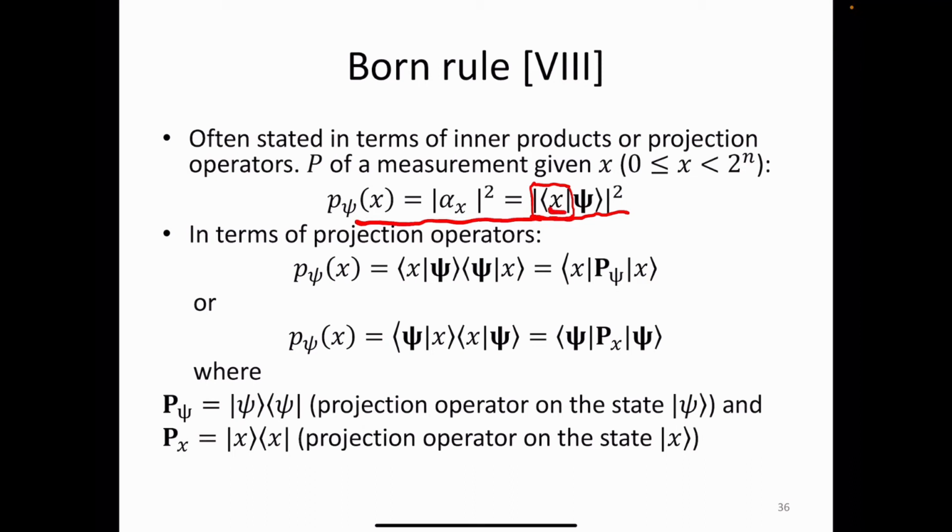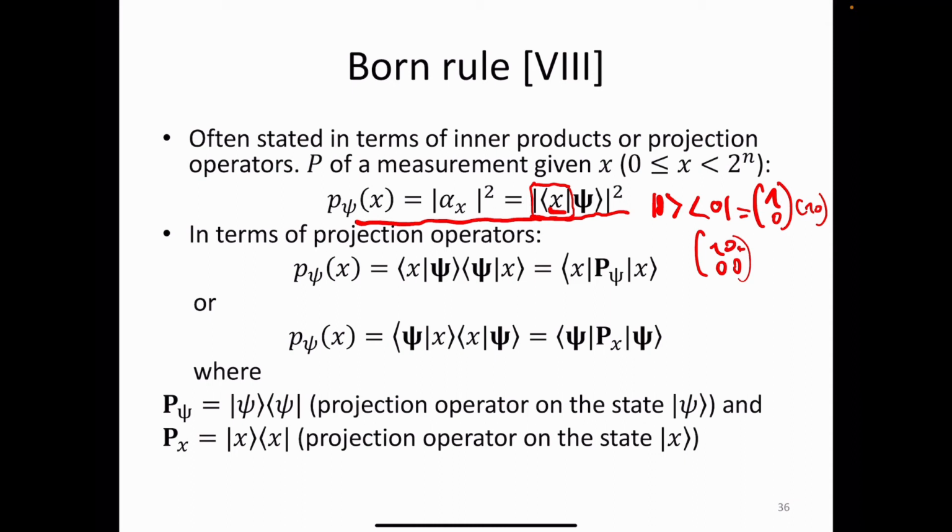In terms of projection operators, we can do the very same. You remember the projection operator. If we write that down again for the state 0, then the projection operator is given by this one here, okay? It's the 2D matrix that we see here.